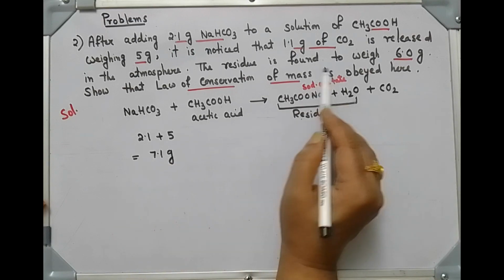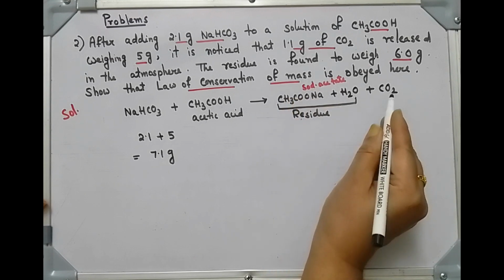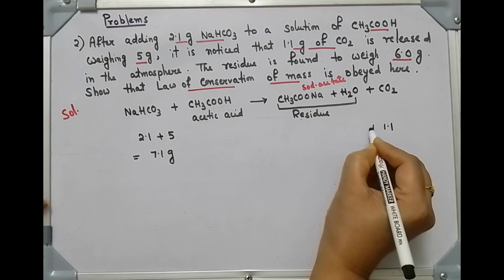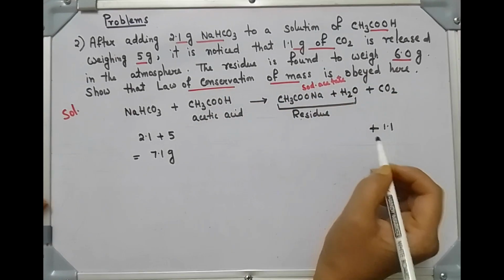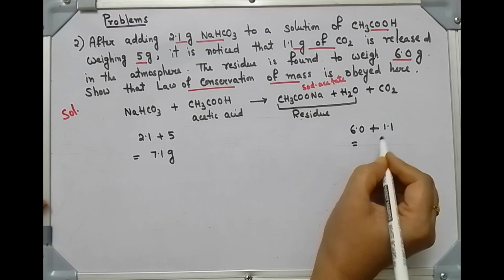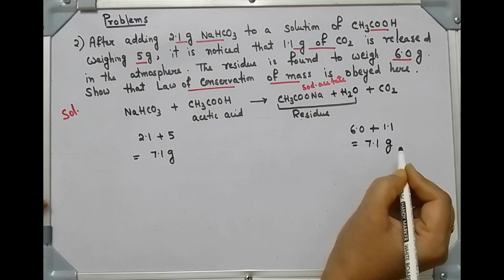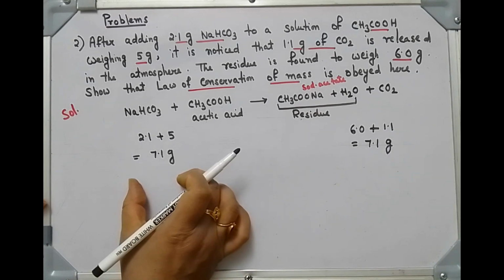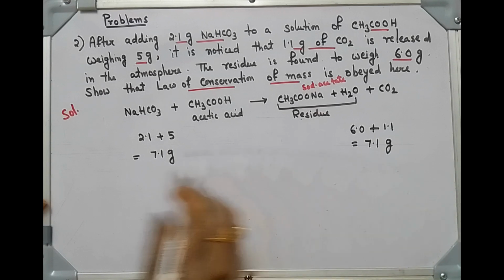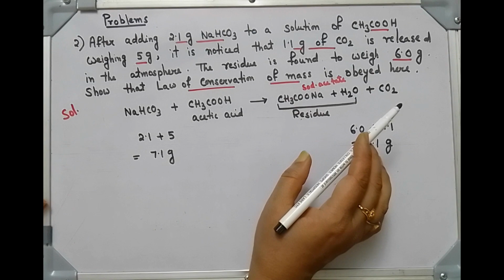After that, it is given 1.1 grams carbon dioxide, and residue is given 6 grams. So here also total mass of the products is coming 7.1 grams. So total mass of the reactants is equal to total mass of the products. Therefore, the law of conservation of mass is obeyed here.